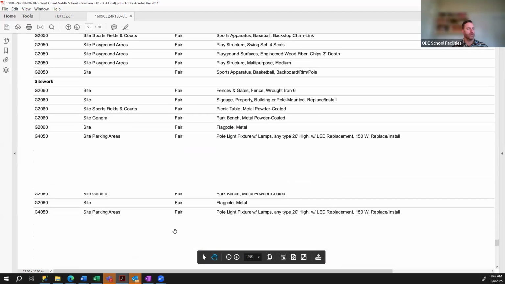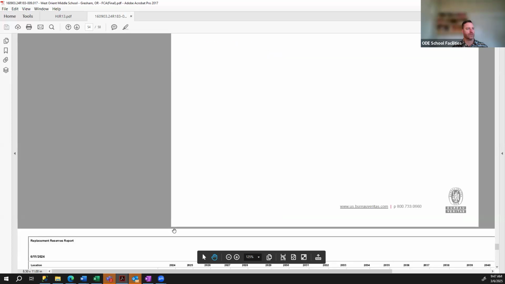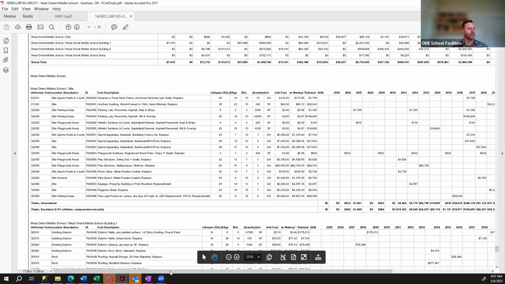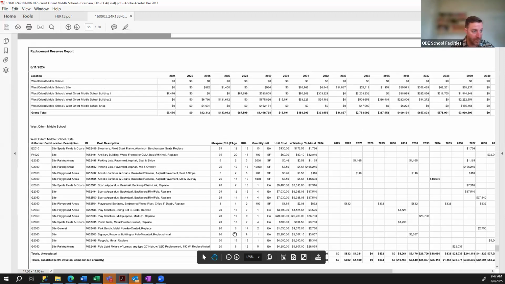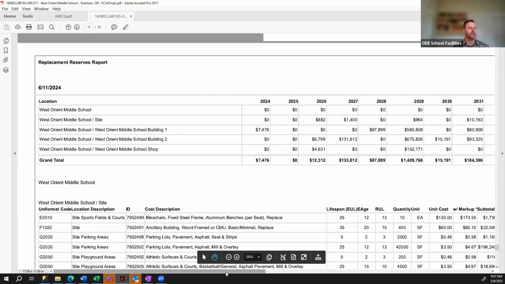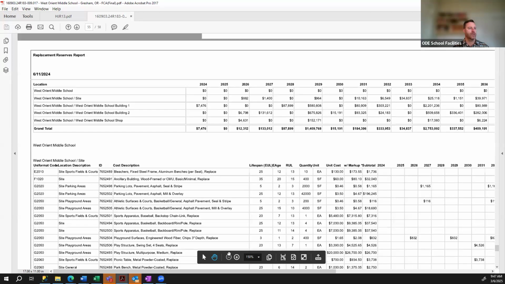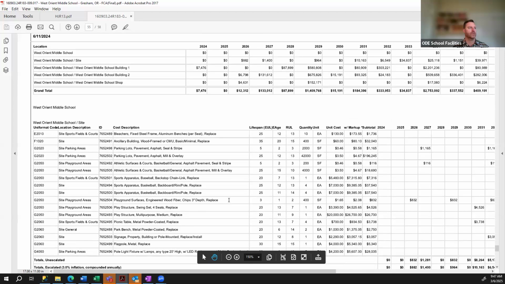All right, and then we get to the costs. This is a part of the PDF that I wish was a little easier to read. It is much easier to do this in an Excel spreadsheet.